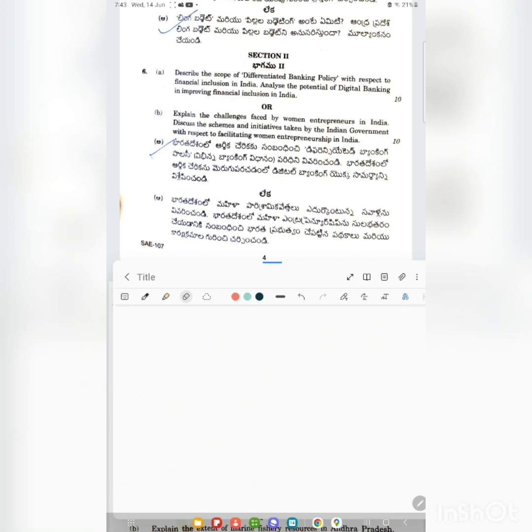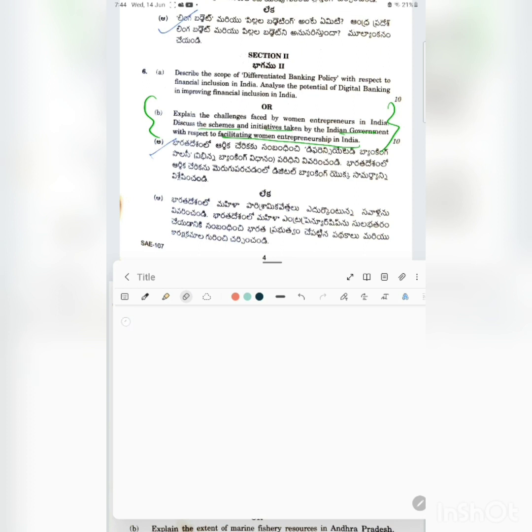But in the examination, due to exam pressure, I didn't want to innovate any solutions. Rather, I chose to write this question: explain the challenges faced by women entrepreneurs in India and discuss the schemes and initiatives taken by the Indian government with respect to facilitating entrepreneurship in India.